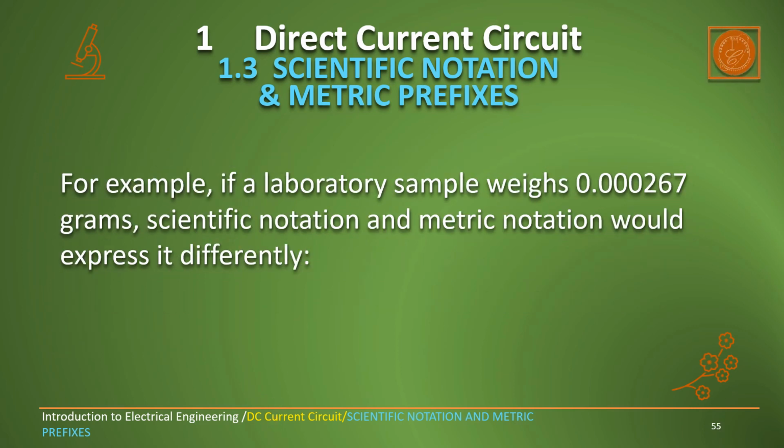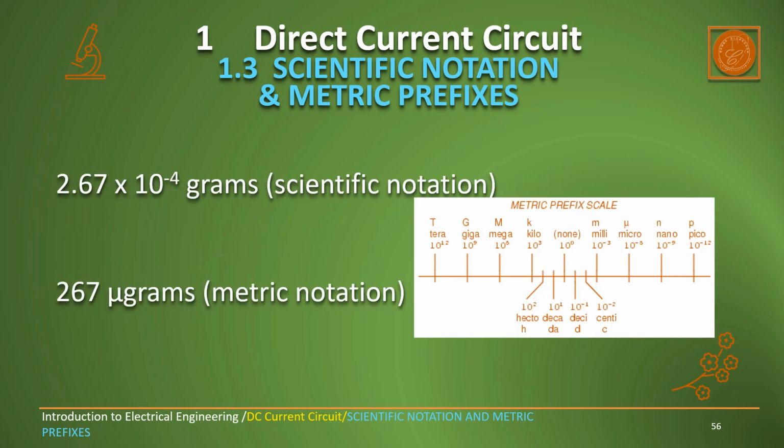For example, if a laboratory sample weighs 0.000267 grams, scientific notation and metrical notation would express it differently. If we use scientific notation, we can express it as 2.67 times 10 power minus 4 grams.